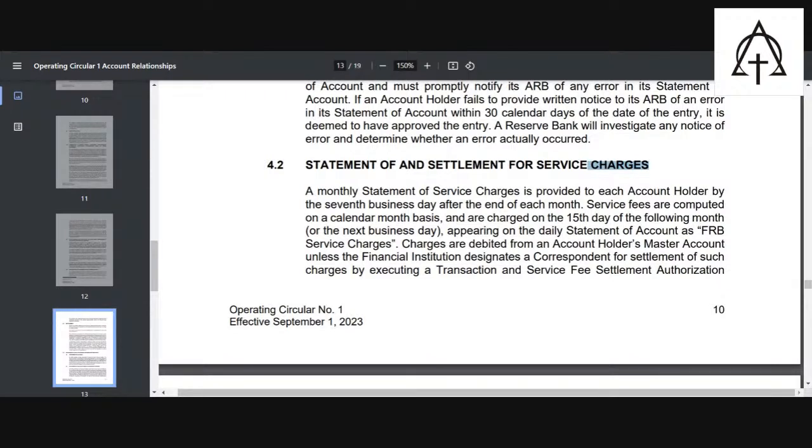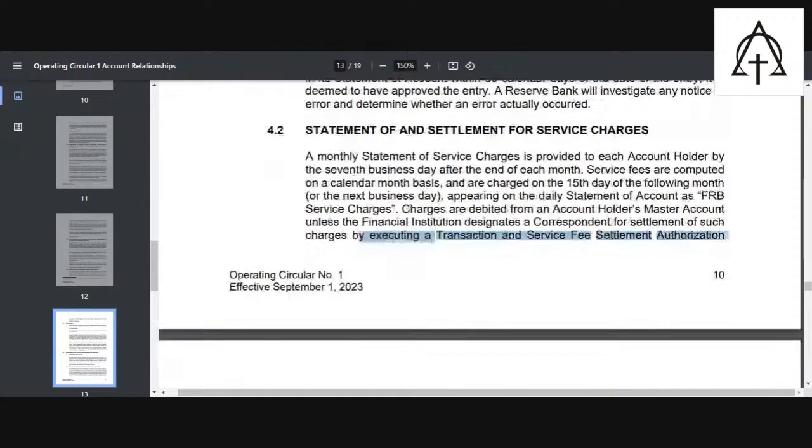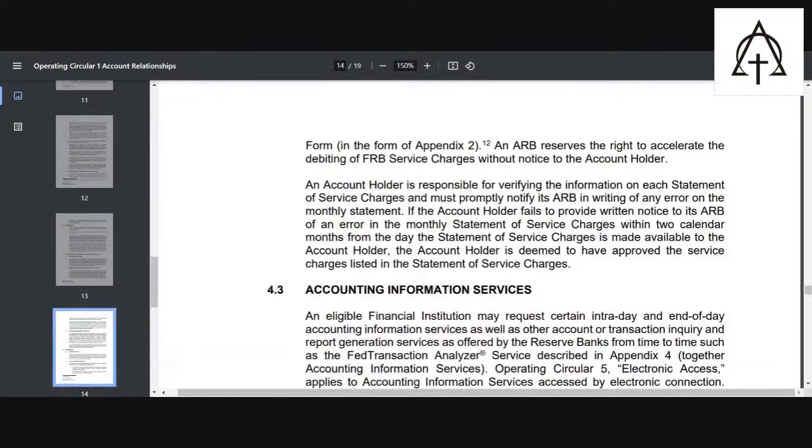Charges are debited from an account holder's master account unless the financial institution designates a correspondent for settlement of such charges by executing a transaction and service fee settlement authorization form in the form of Appendix 2.